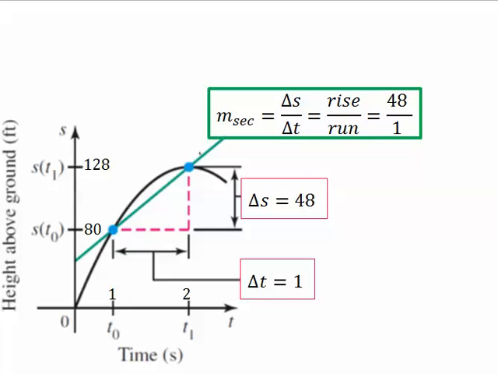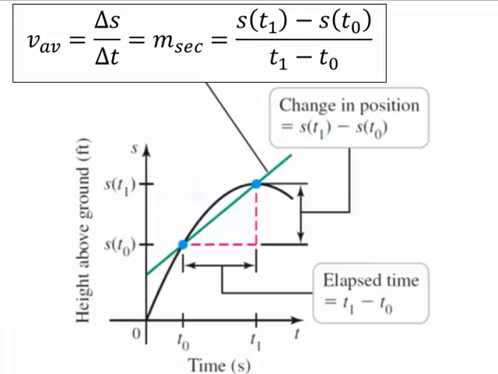Notice that what we also found is the slope of the secant line that runs through the point (1, 80) and the point (2, 128). So average velocity is the same as the slope of the secant line. The secant line is the green line that runs through the curve at 2 locations marked by blue dots.